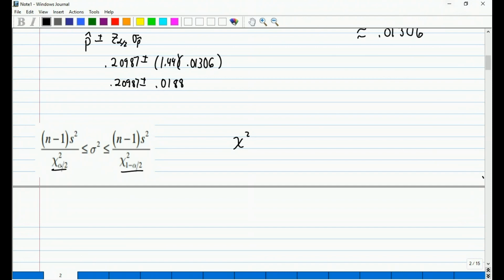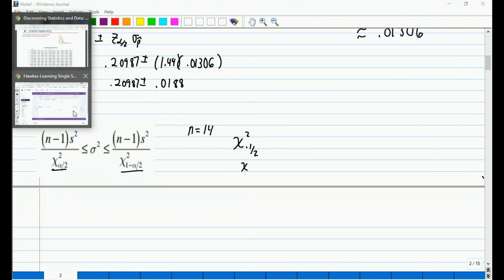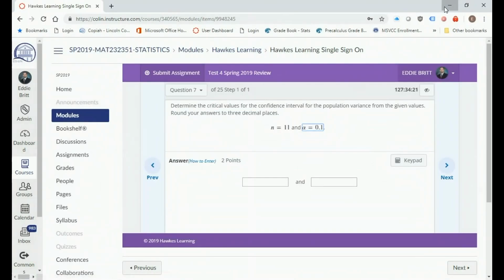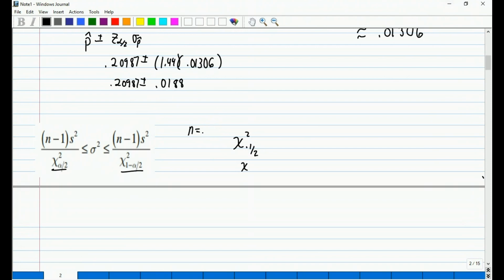So this is alpha over 2, so it's 0.1 divided by 2. I'm sorry, n was equal to 11, not 14. So that chi-square is going to be 0.05 if we divide that by 2.